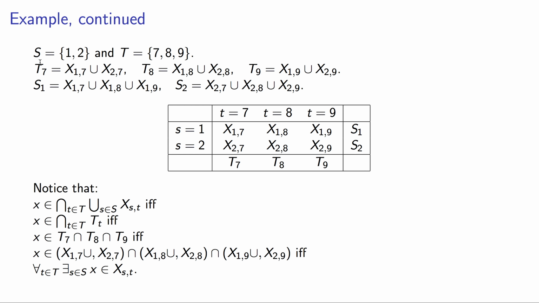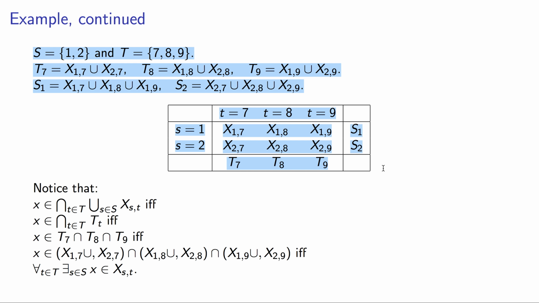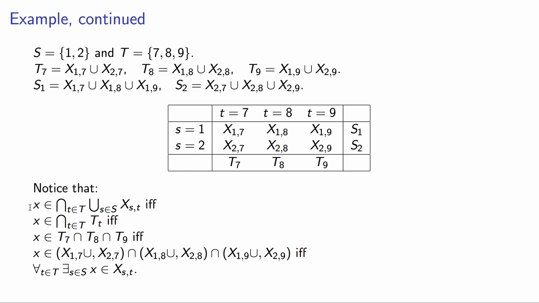I'm going to continue the same example. This part of the slide is just a repetition of what was on the previous slide, and now our task is to work out what it means that x is a member of the intersection with t in capital T of the union with s in capital S of X sub st. First, we will work on this expression from the inside, and the union which I highlighted, as we already figured out, is T sub t.